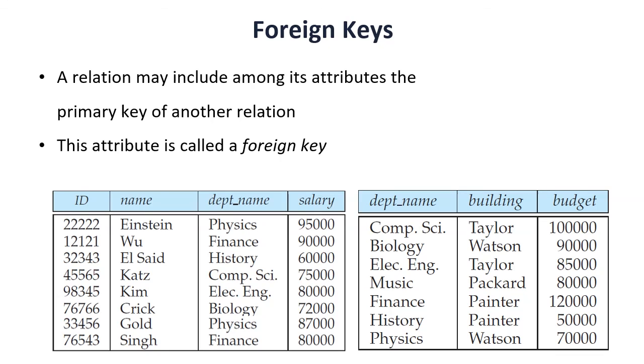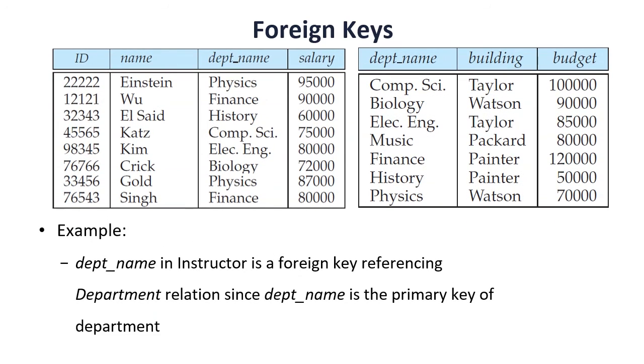So we have an example here, our instructor table, and we have another table for department. We can see in the instructor table, the department name column contains the names of departments, which is the primary key in the second table. So that means in the first table, department name is a foreign key referring to the primary key of the second department table.